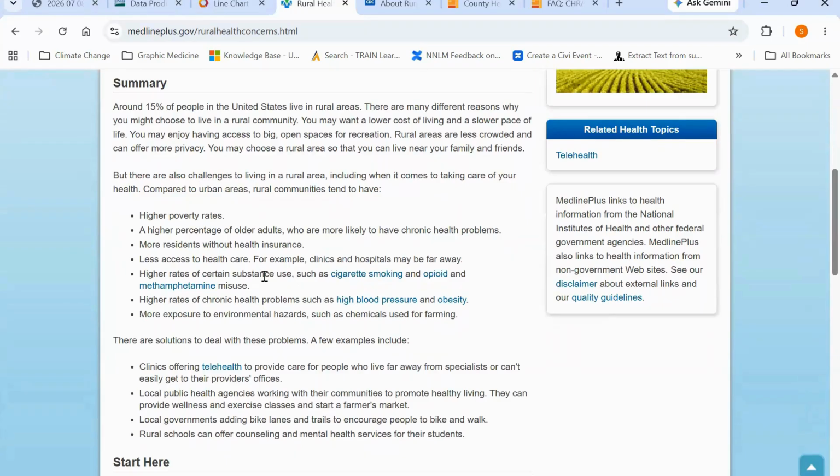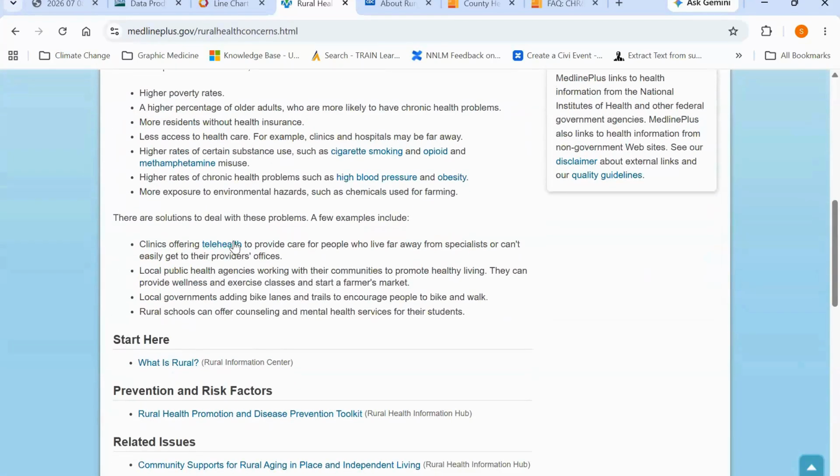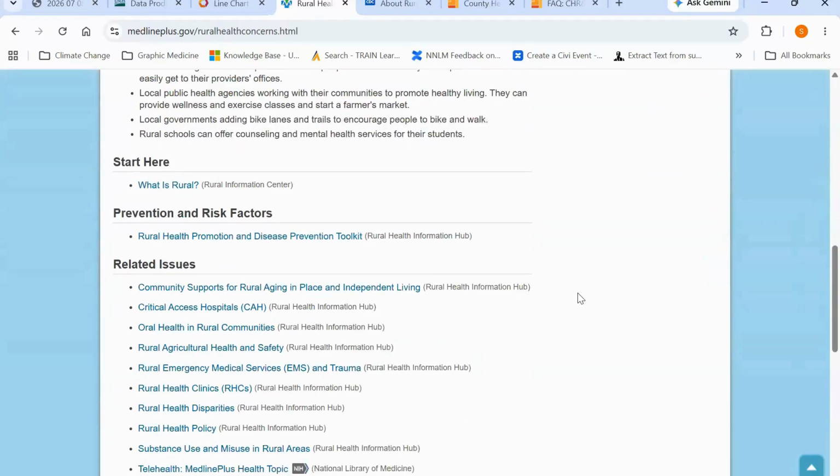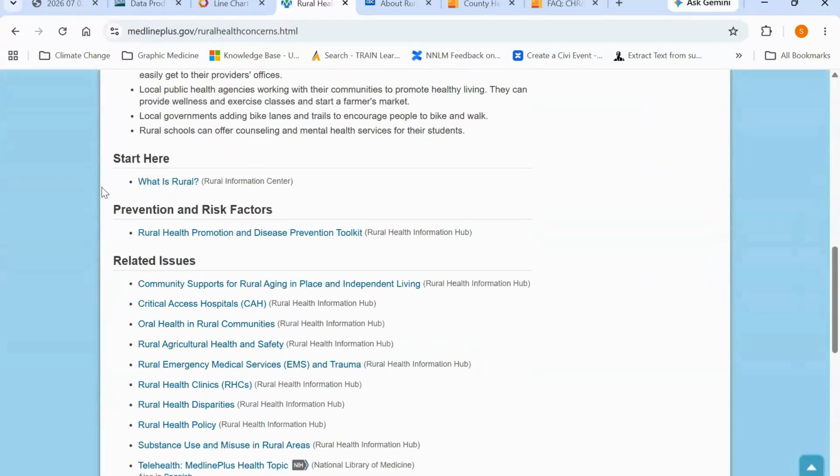So in this case, higher rates of certain substance use, cigarette smoking is a link, opioid, methamphetamine, high blood pressure, and the next bullet point, obesity, telehealth. And then you get your links to other trusted resources.